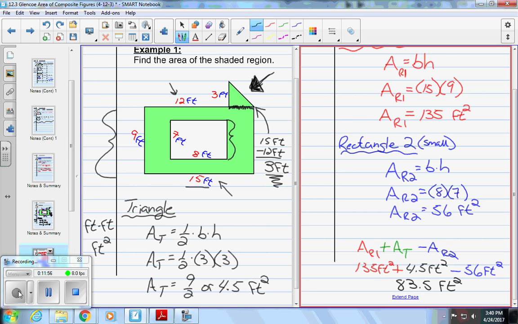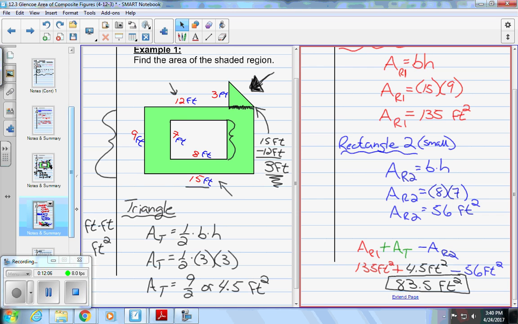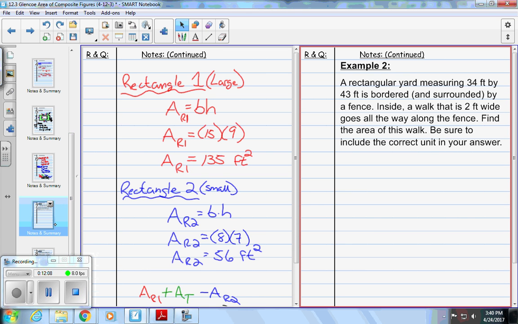And that is the area of our composite figure, the shaded in part. So all the problems are going to follow the same pattern where we break our shapes up into smaller shapes we have formulas for. We're going to add shaded in shapes and subtract out the cutouts.